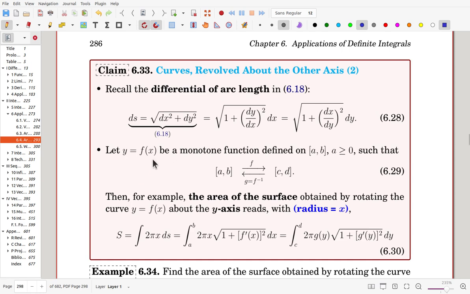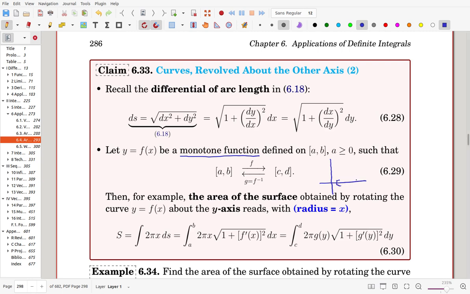So here we consider a special case. y equals f(x) is a monotone function defined on a to b, and we put a larger than or equal to 0 for simplicity. Now we try to rotate the curve about the y-axis. To make a rotation about the y-axis, we make a larger than or equal to 0.